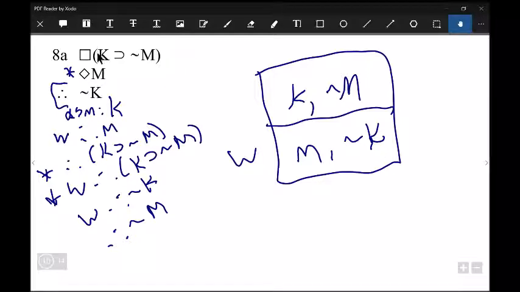So in every world, K implies not M because it's true here. It's true here because K is false. So that's true. Possible M, so at least one world has M true. And then not K, you just look to the actual world. False. So you get true premises and false conclusion, invalid.